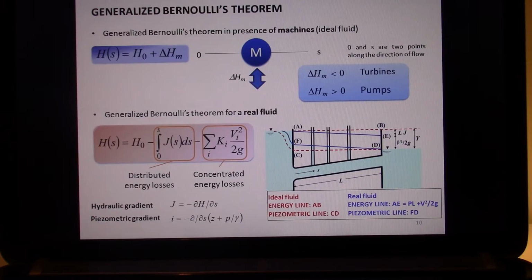Suppose that we want to move the fluid from a point to another, where the first point is characterized by a lower energy. So physically it's impossible to move the fluid from a lower kind of energy to a higher one. To do this, you need an energy contribution from outside. And this is done exactly by introducing a machine which brings a higher contribution of energy to your fluid.